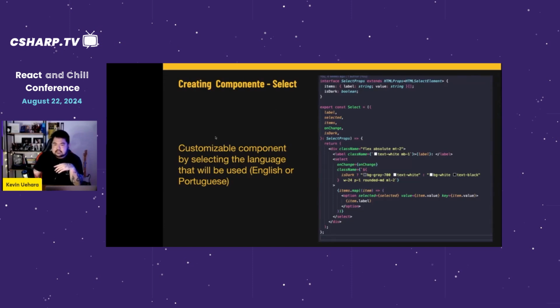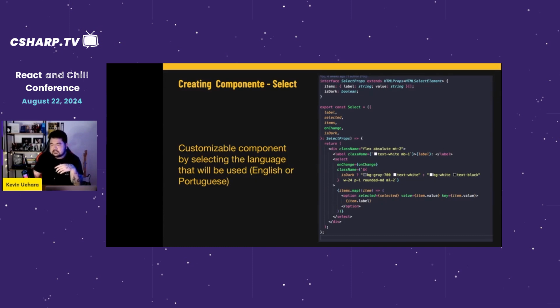And the select component is a customizable component for selecting the language that will be used, English or Portuguese, but we can use Spanish, Japanese, every language because this component is customizable.